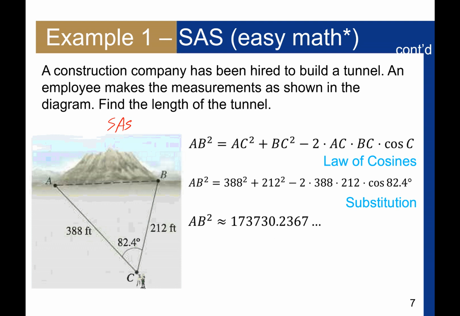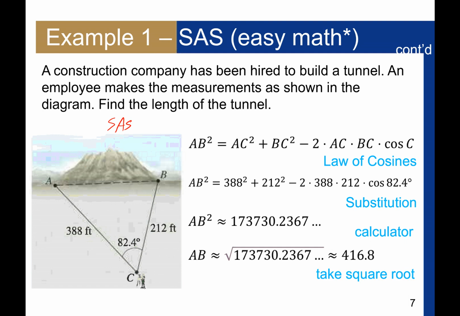Come up with approximately 173,730.2367. Hold on, that tunnel is going to be, wait a minute, that's in feet? More than 173,000 feet? No, wait, look at the other side. That's the square of that length. Last step, take the square root. All right, now that's something much more reasonable: 416.8, feet, or about 417 feet.